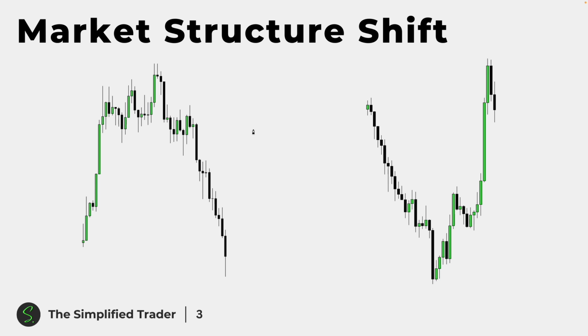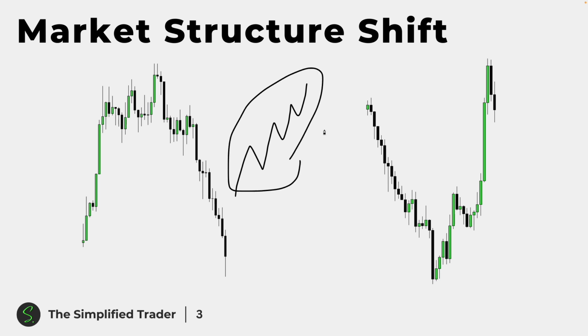Now, in a trending environment, we want to see price make higher highs and higher lows. For example, here we have a high, and then a higher low, a higher high, higher low, higher high, higher low. That is pretty self-explanatory. Now, if we are going to continue bullish, I want to see this pattern repeat itself. So I want to see the market continue making higher lows and higher highs.